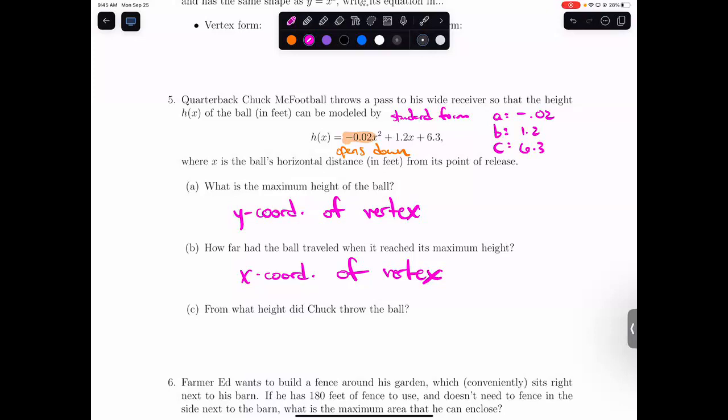30. Negatives are going to cancel, and just make sure that you do 1.2 divided by 2 times 0.02, right? This multiplication needs to happen first. Okay, so 30. How far had the ball traveled? 30 feet.